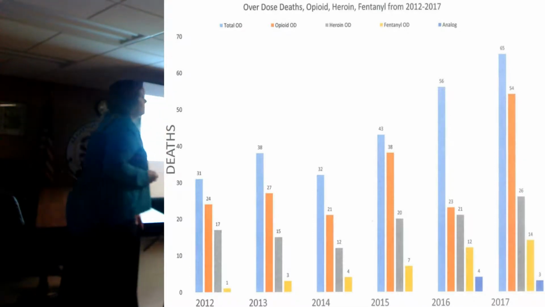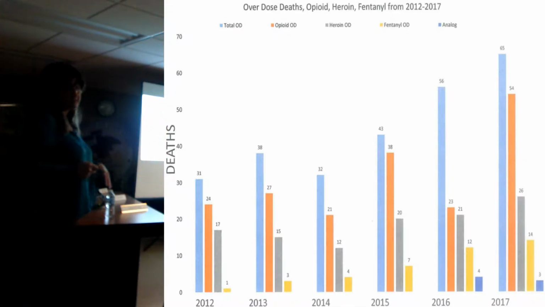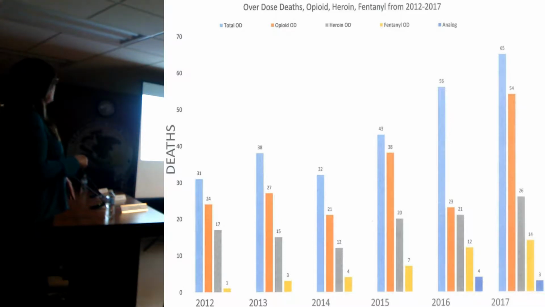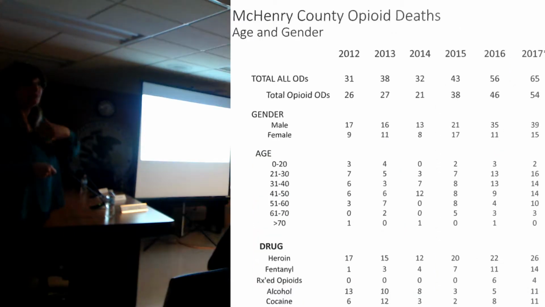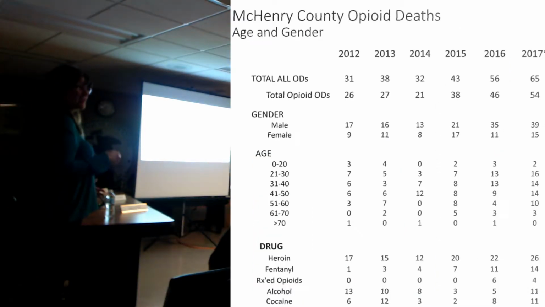We break down opioids into 3 basic classes. We've got the opiates, which are naturally occurring opioids: morphine, codeine, heroin. The semi-synthetics, probably the ones a lot of people are familiar with because your doctor prescribes them when you break your ankle or just had surgery.